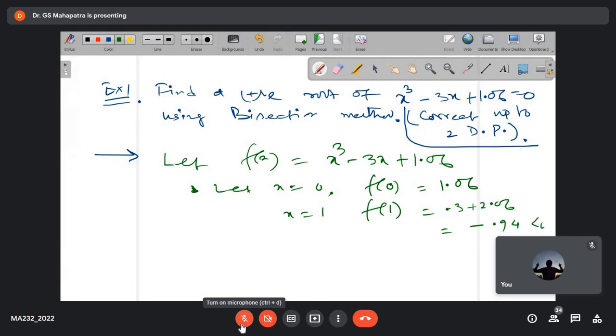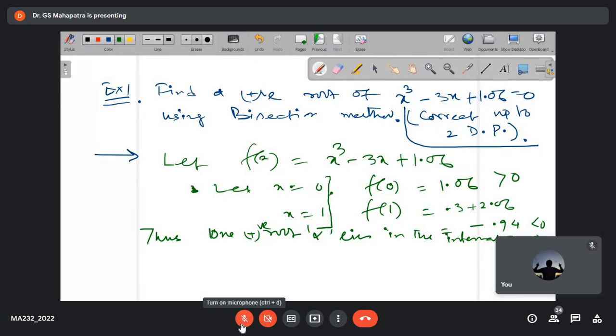So it is negative, it is positive. What is your conclusion? Therefore, one positive root, say alpha, lies in the interval 0, 1.